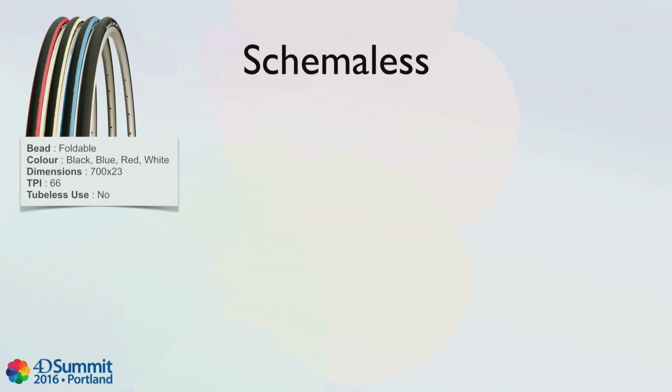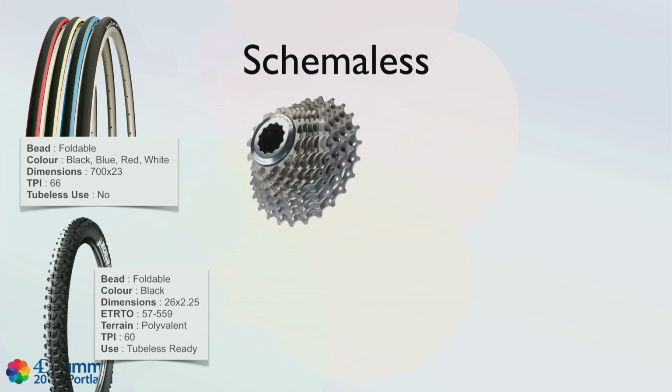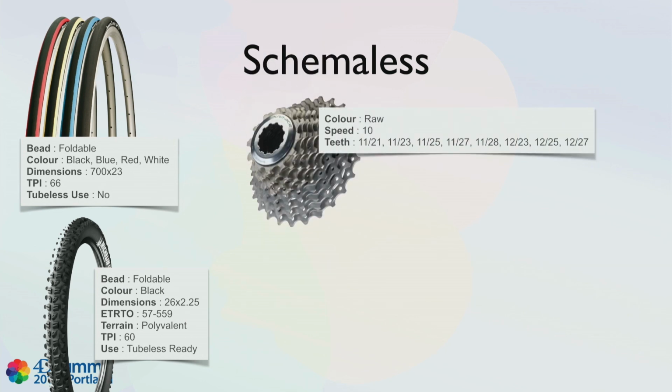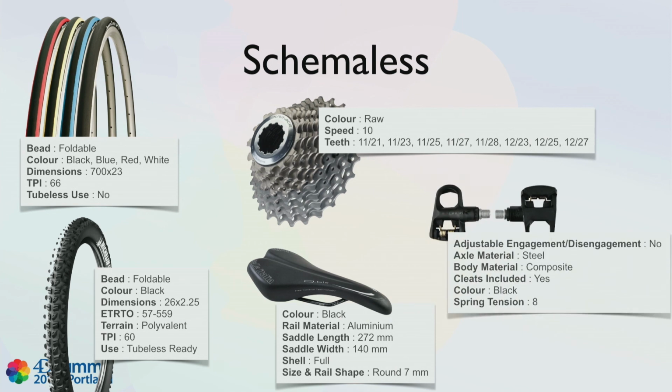But for a mountain bike, those are not the same attributes. And for the cassette, for the speed, you need different attributes. And for the saddle, it's the same thing. And for the pedal. Okay?